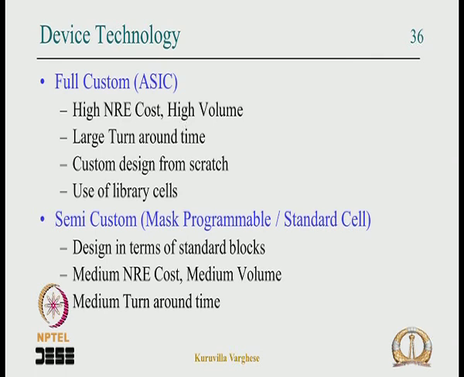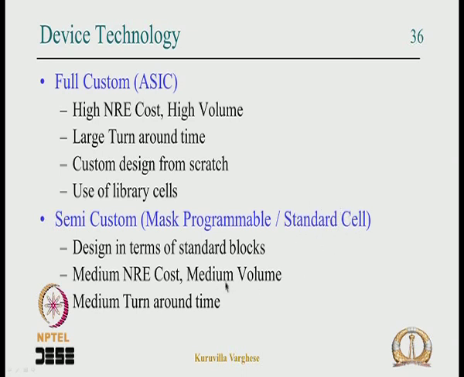Many times people do not have such luxury, they do not have the volume to justify such a cost. Then one can go for semi custom design, that is mask programmable or standard cell. That means the foundry will give you some standard design and you make your system based on that standard design, and the foundry has all the layouts for those blocks.